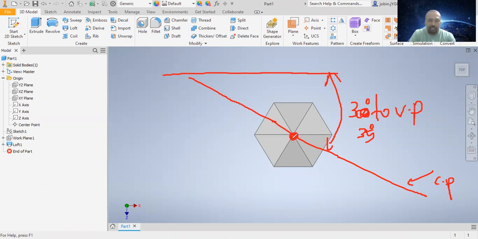Axis means this center. This center represents the axis line. So through the center of this pyramid, draw a line that represents the cutting plane such that the cutting plane makes an angle of 35 degree to VP.